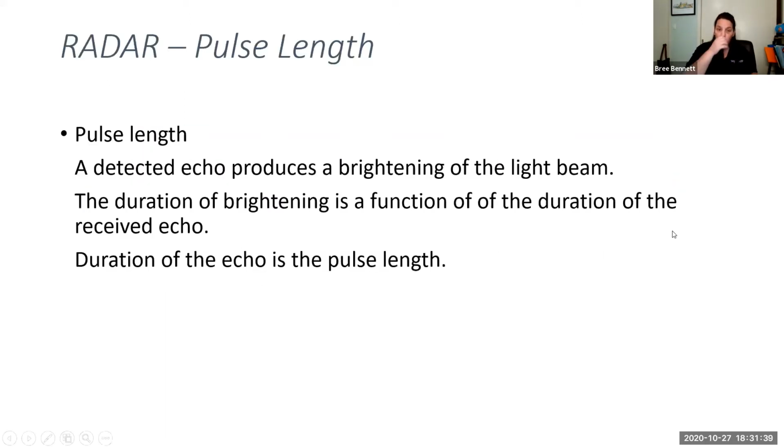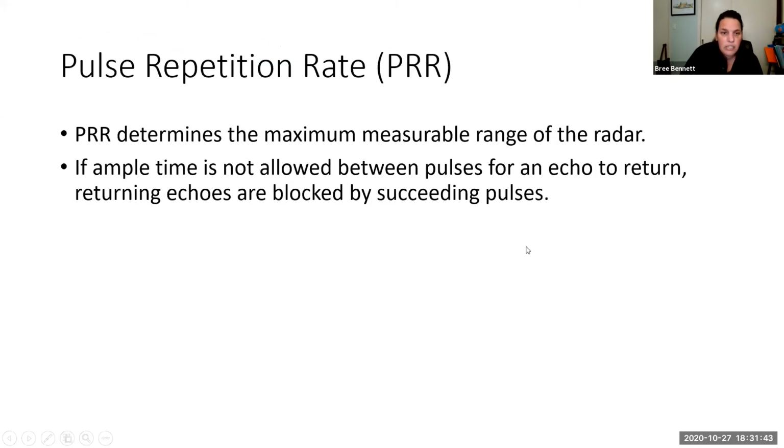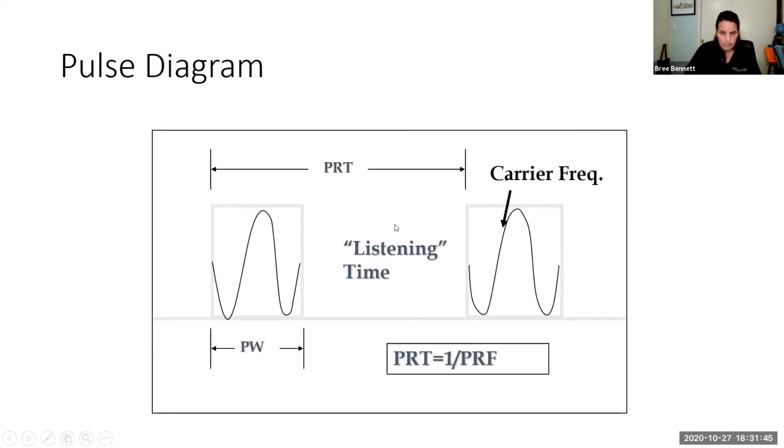Okay. Our pulse length. So the pulse length, let me get this picture, has this time that we emit that pulse out, and then we have that waiting time, that listening time until it comes back, and then we send another pulse out.